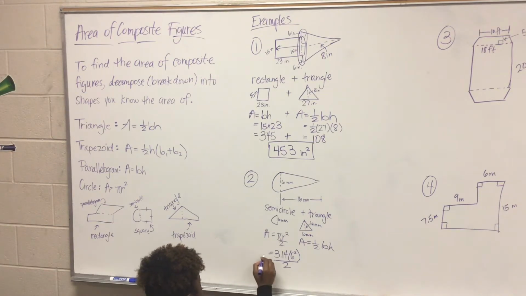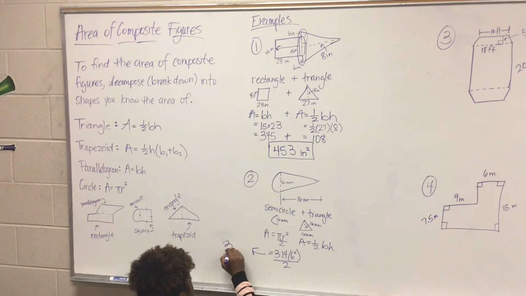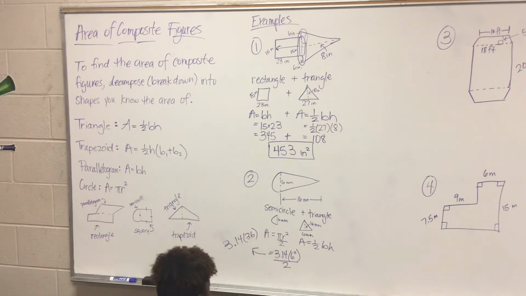So we'll move this off to the side. 3.14 times 36 will give us 113.04, and we want to divide that by 2, and we get 56.52.